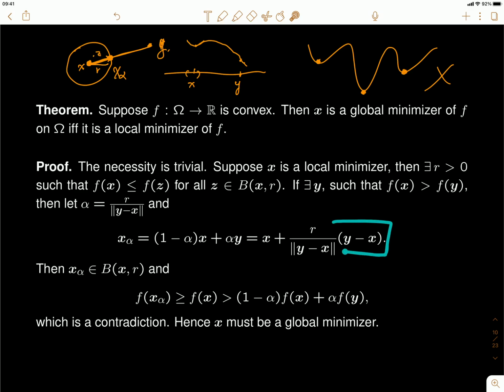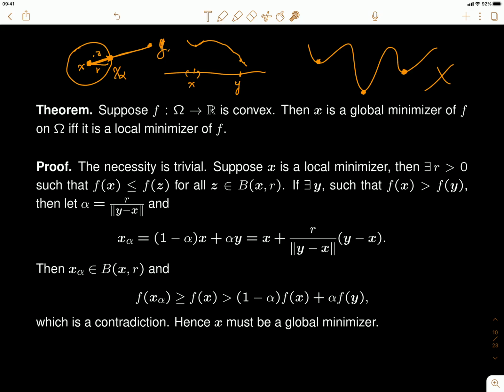So just consider this part. This is y minus x divided by the norm of y minus x. That means the unit vector along this direction. And then I know I go along this unit direction with the radius r. So that's r times this quantity here. It tells me that I'm reaching x alpha. So this is another way to interpret how we get this alpha.